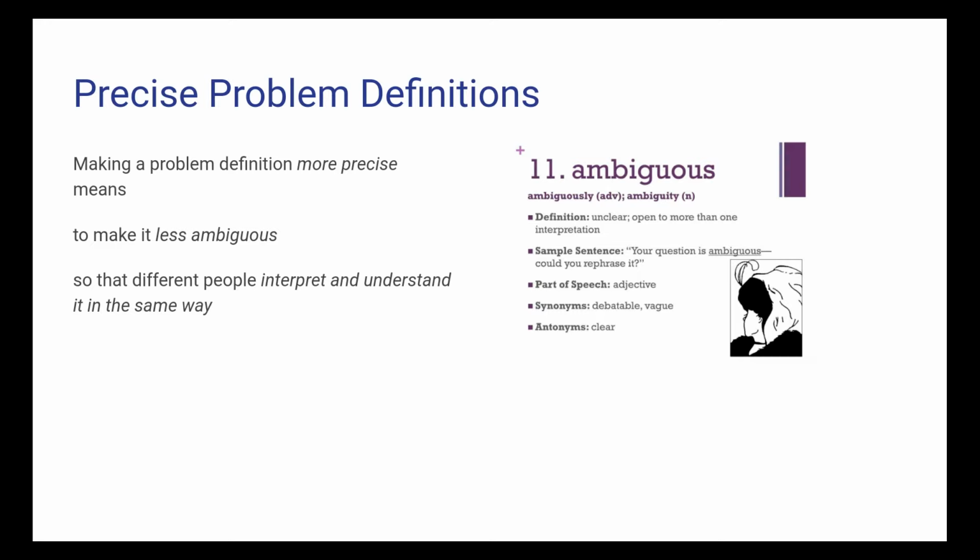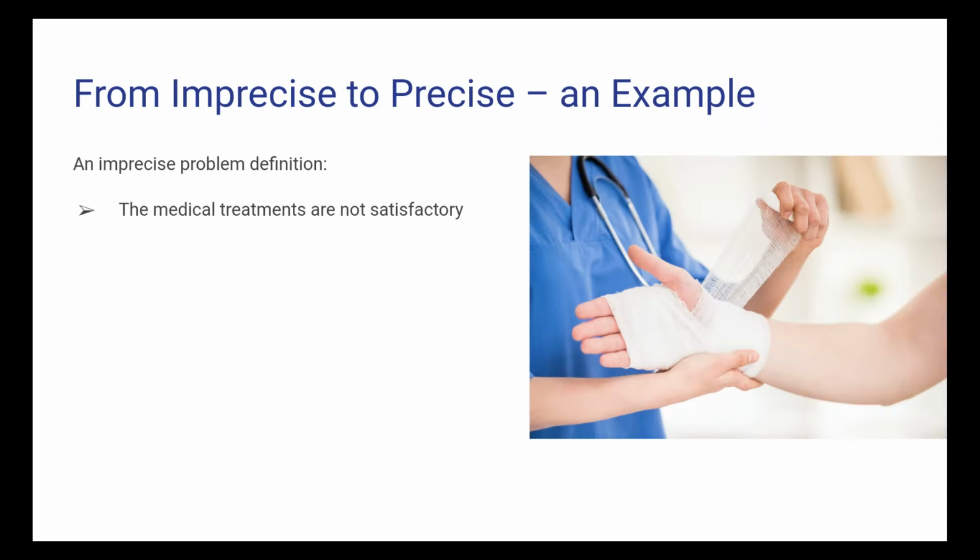It shouldn't be possible to interpret the problem definition in many different ways. And this is important because people will be able to work together on a problem only if they have the same understanding of it.